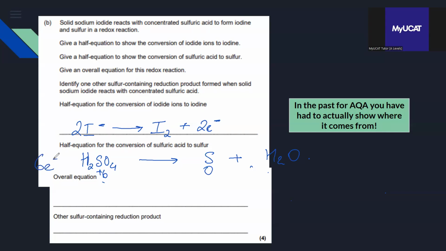So then we're going to add 6e minus and 6H plus. Okay? Now, how many H2O do we need?